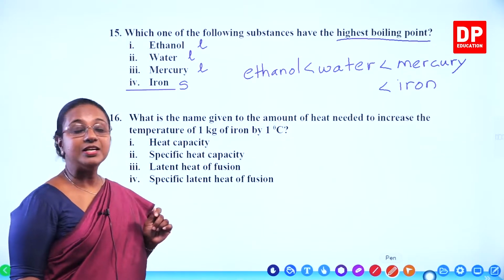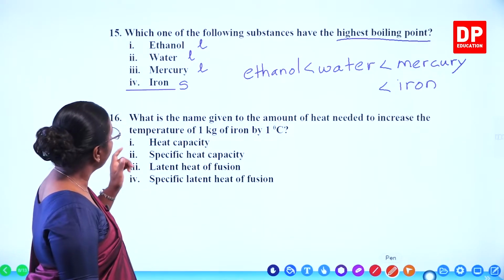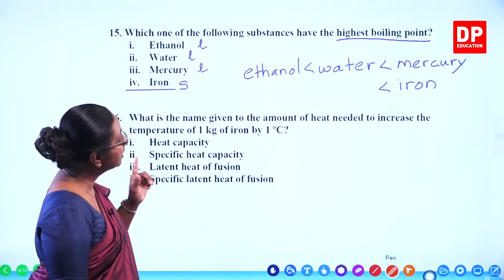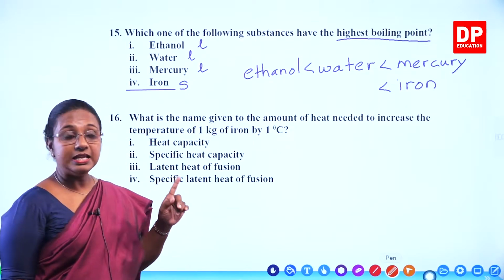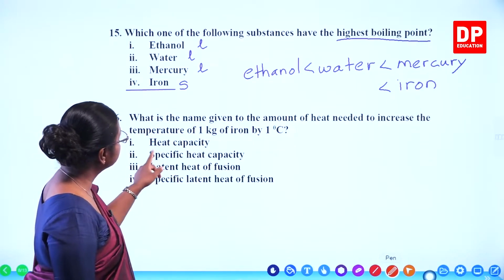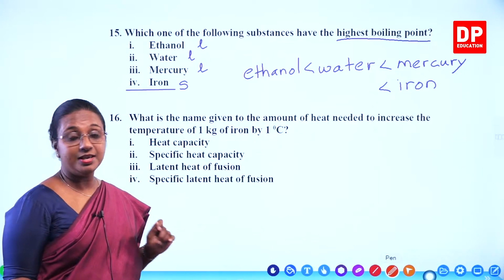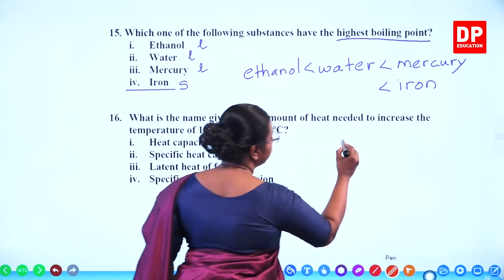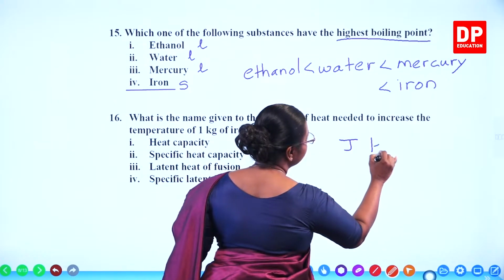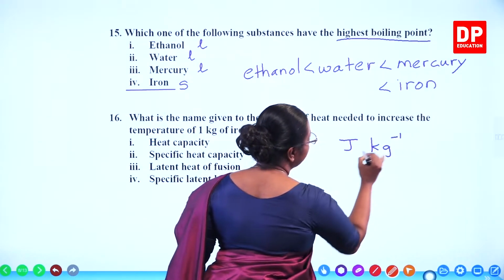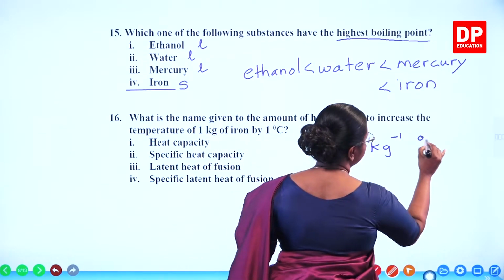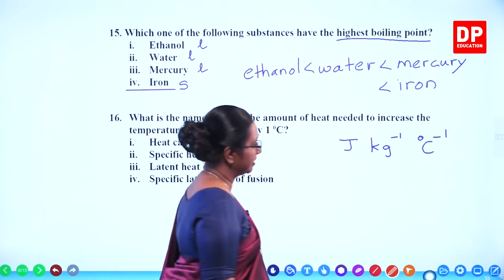Then we have the 16th question. What is the name given to the amount of heat needed to increase the temperature of 1 kilogram of iron by 1 degrees Celsius? So the amount of heat needed to increase the temperature of 1 kilogram of substance by 1 degrees Celsius.